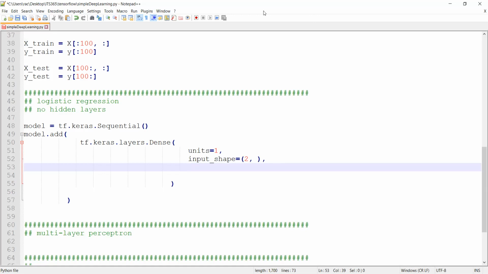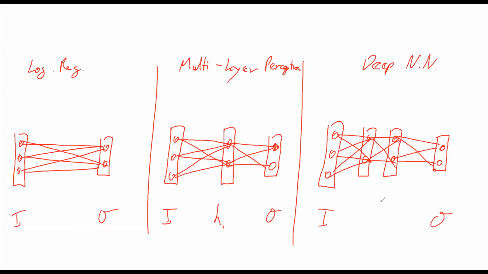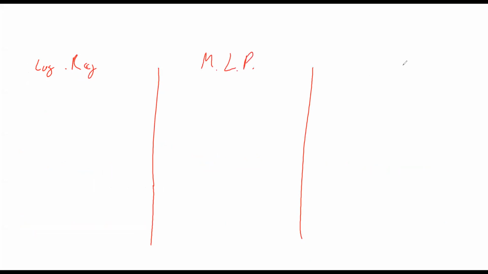All right, so for this to be consistent, let me go back to the whiteboard. Actually, I should have done this correctly. Given our data, our architectures actually look like this. This is logistic regression. This is the multi-layer perceptron, MLP. And this is the deep neural net.